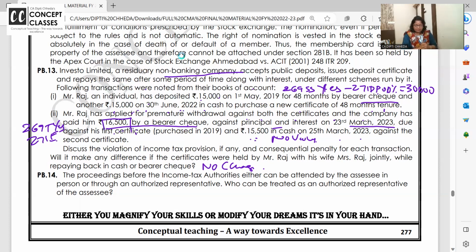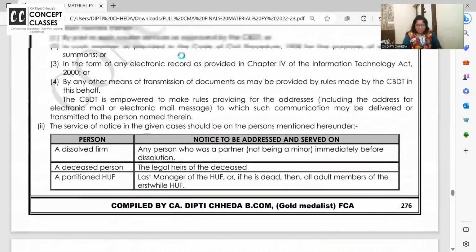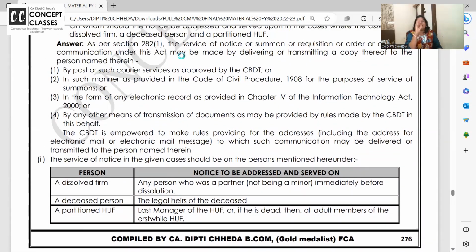Easy, clear? Chalo. So simple questions are asked from this topic.